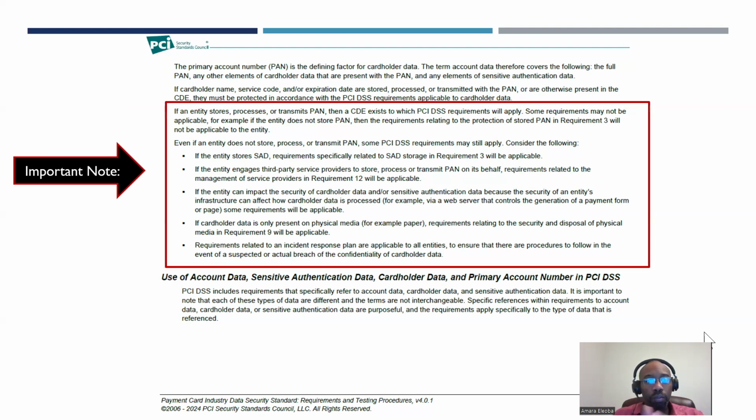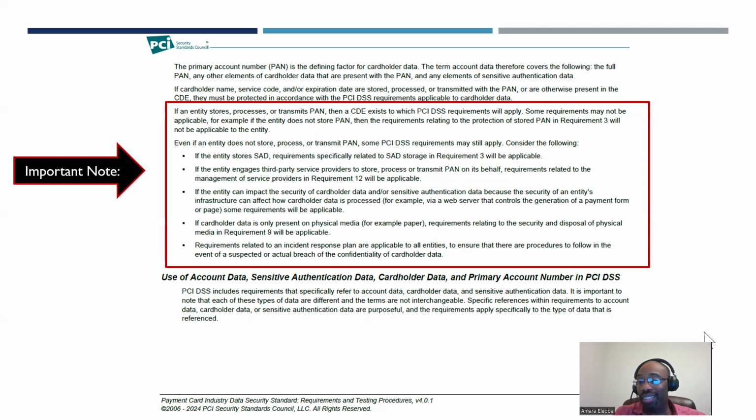Okay, so if any entity stores, processes, or transmits PAN, they need to abide by the PCI DSS. Now, there might be instances where that entity might not need to be assessed. For example, requirement 3 deals with protecting stored account data.